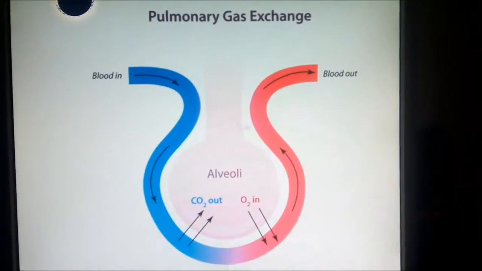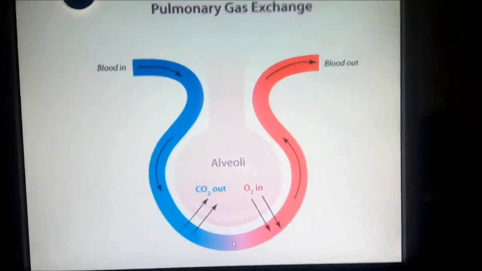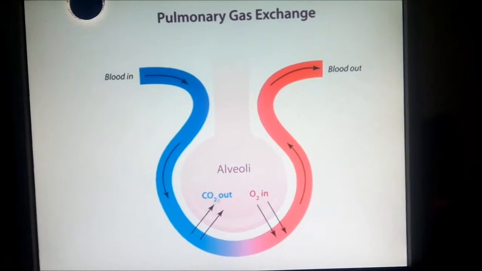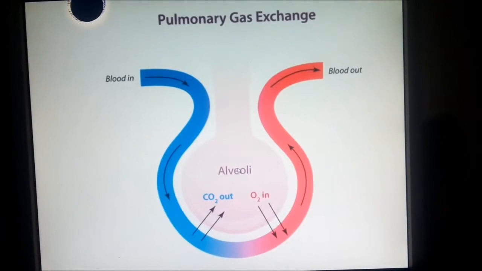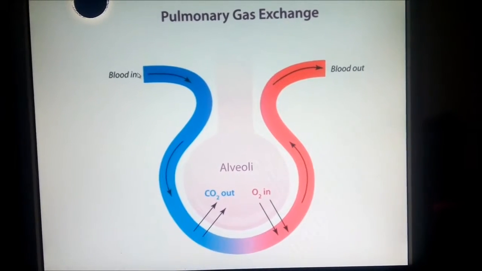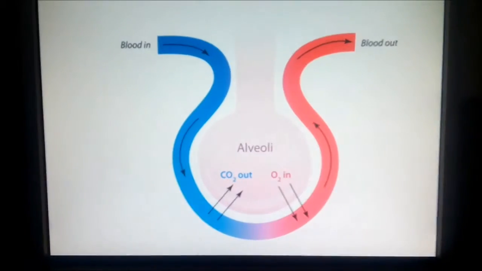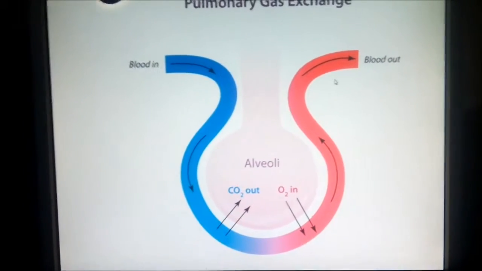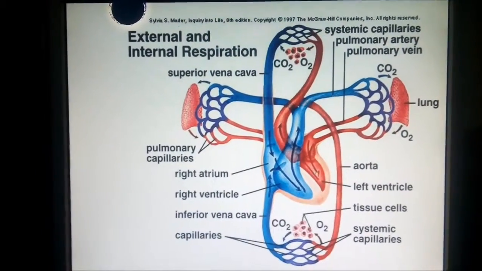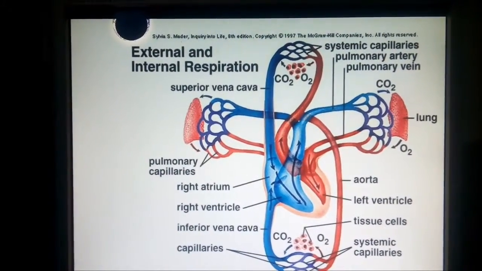Here, unoxygenated blood arrives to the alveoli, and in the purple part, the capillary, this blood refuses carbon dioxide, while from the alveoli to the blood, it gains oxygen. So, this is a vein and this is an artery. And what happens to this blood? Okay, we already saw it. It goes back to the heart, where the left ventricle pumps it to the rest of the body.